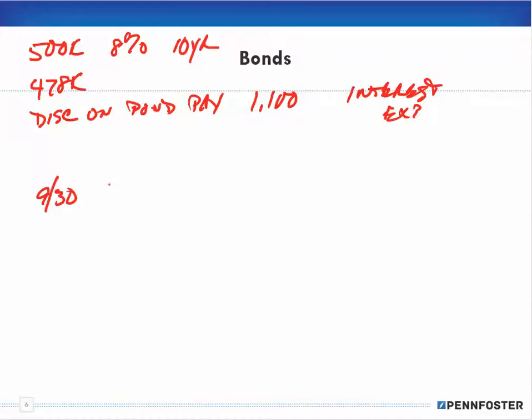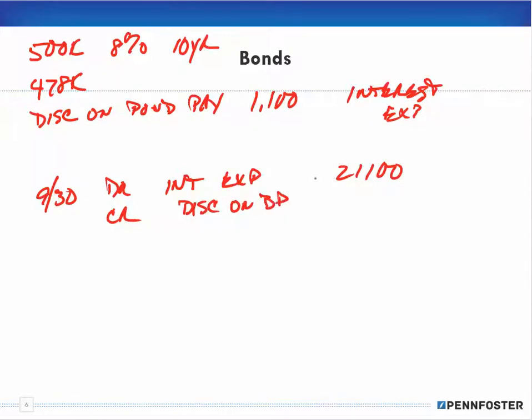We had a debit to interest expense for 21.1, a credit to the discount on BP, for bond payable, 1100, and a credit to cash for the 20,000.